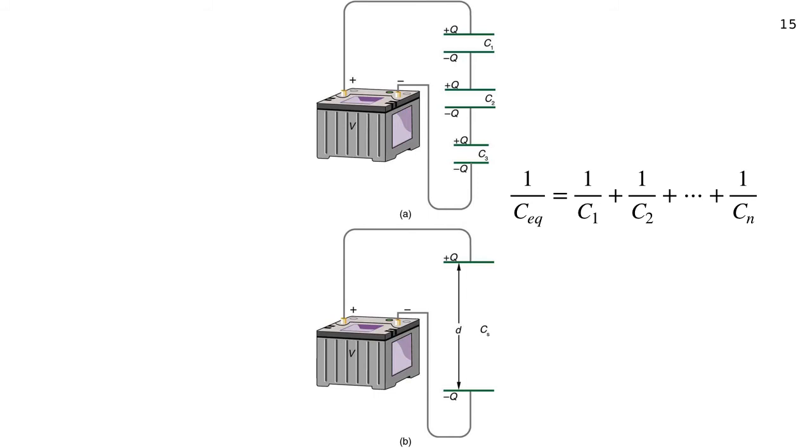So the series of three, capacitors 1, 2, and 3 up above, are actually equivalent to a single capacitance. Now, here's the kicker. The thing that has to be true for this circuit, you're hooked up to a battery in this case. So you have a certain amount of voltage between the plus and the minus. It could be 12 volts or 1.5 volts or whatever the voltage is for the battery.